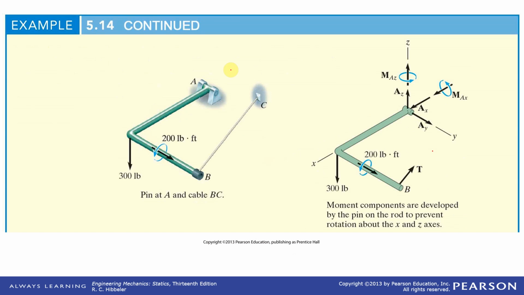Here's another example of a bearing. We can have moments along the z-axis and the x-axis here, but not along the y, and forces on all 3, and then a tension in the cable and 200, and then forces acting on it. So we're trying to get the 5 reaction forces plus the tension.